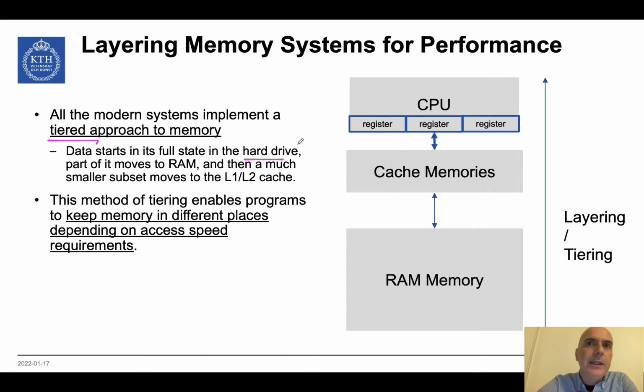If we have data that we don't use so often, we might want to have it just on the RAM, and then put it in the cache only when we use it. So we want the so-called hot data on the fast memory, and the cold data that we don't touch much on the slow memory.